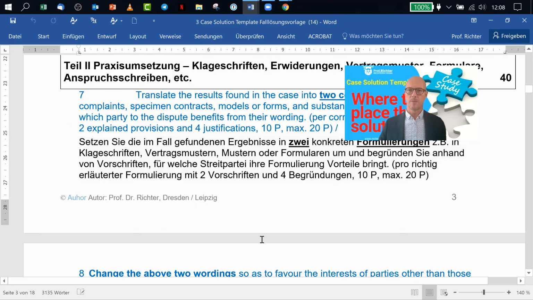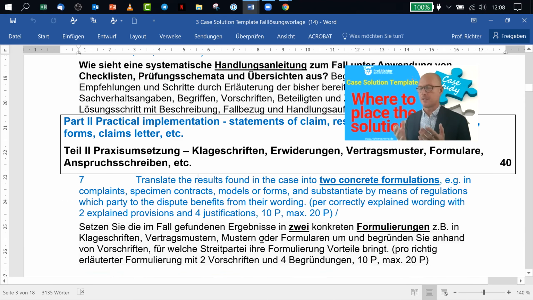And this is from one perspective, for example, from the defendant. And then you should go on the other side and change the above 2 wordings, formulations, so as to favor the interests of parties other than those chosen in number 7.